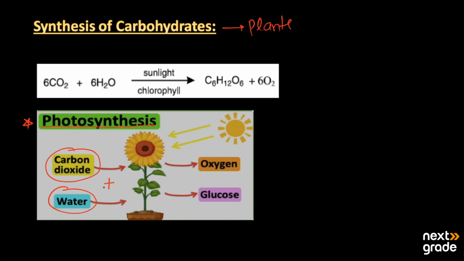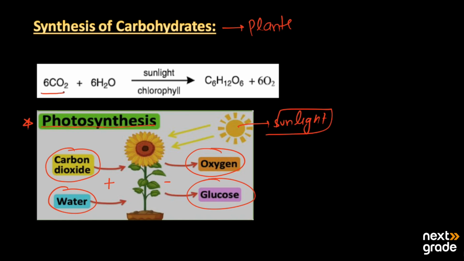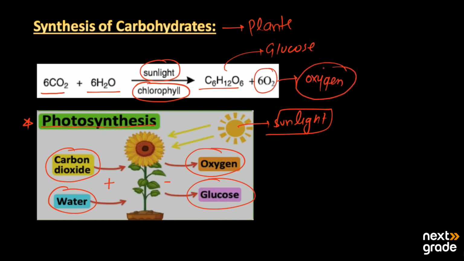These are added up, and they release oxygen gas and glucose in the presence of sunlight. Chemically, carbon dioxide reacts with water molecules in the presence of sunlight, and this reaction takes place in the chlorophyll. The product we gain is glucose, C6H12O6, and oxygen gas. This is the synthesis of the carbohydrates.